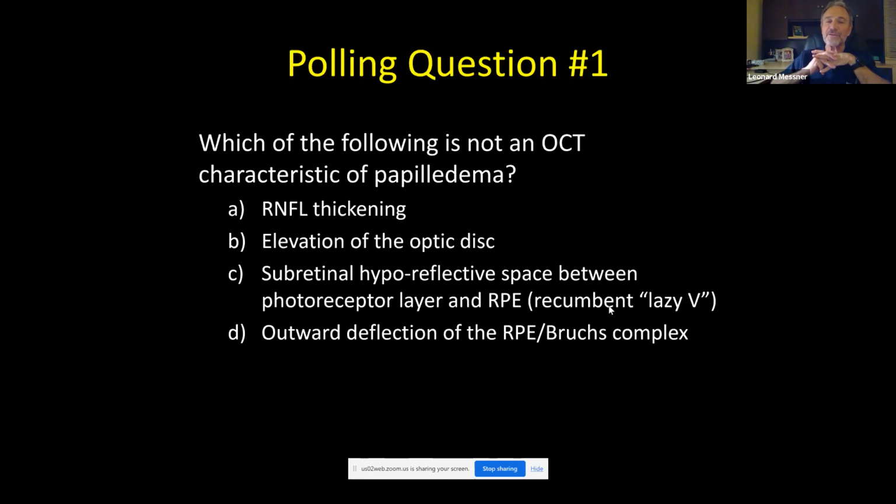Specifically, you get the raster scan horizontally, right through the center line of the optic nerve. And that's where you can see this inward deflection of the RPE Bruch's complex. You can't see that clinically just examining the optic nerve, but you do see it pretty well with the OCT.